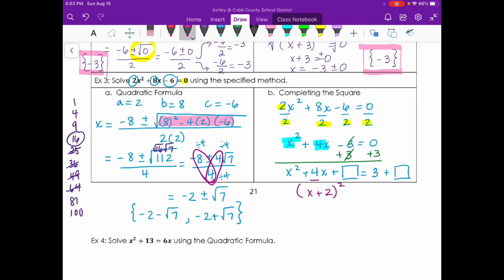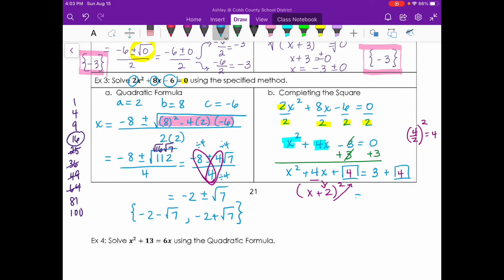We're going to square it, and then we're actually going to square 2, which gives us 4 to add to both sides. Half it, drop it, square it, add it. We're taking half of 4, we're squaring it, and that's what we're adding to both sides of the equation.